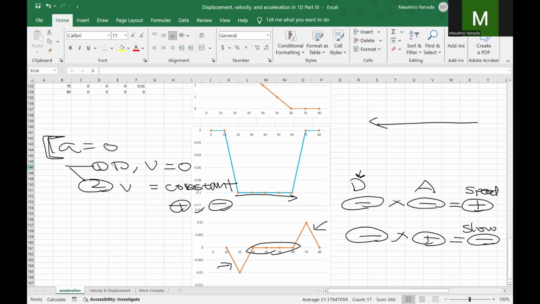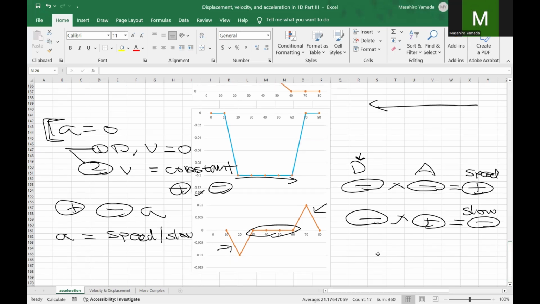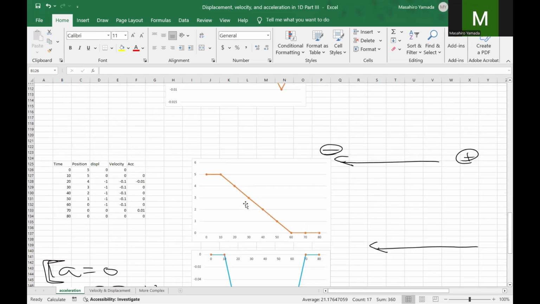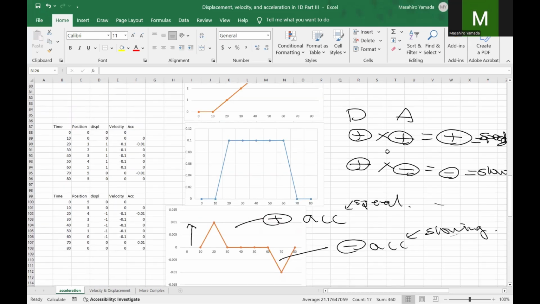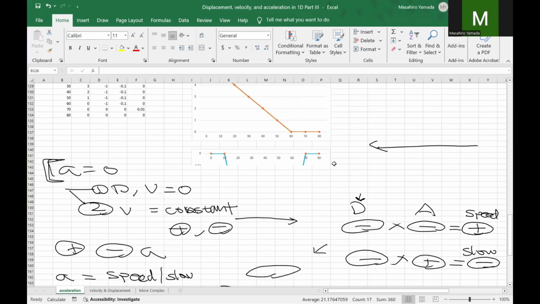Another big thing we talked about today is the indication of positive and negative acceleration. Acceleration is the one that gives you information on whether something is speeding up or slowing down. However, the sign independently cannot give you that information. You have to consult another piece of information, which is the multiplication of direction and acceleration.